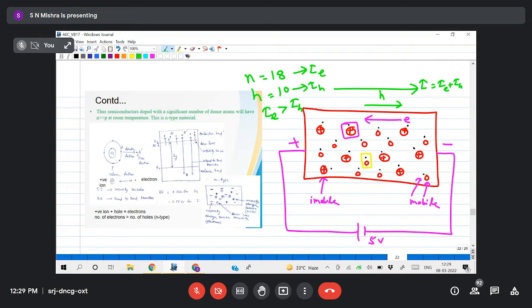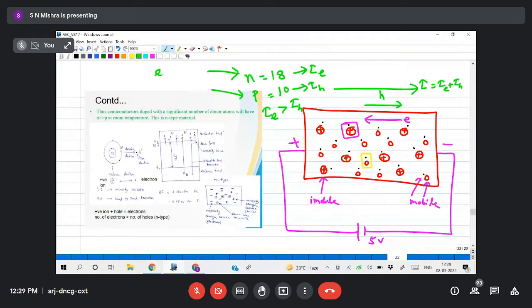More number of carriers means it will move inside the semiconductor, so it will provide more current compared to holes. Yes, sir. So these electrons I have represented here as N, the electron concentration, and instead of H let me write here P, the hole concentration.